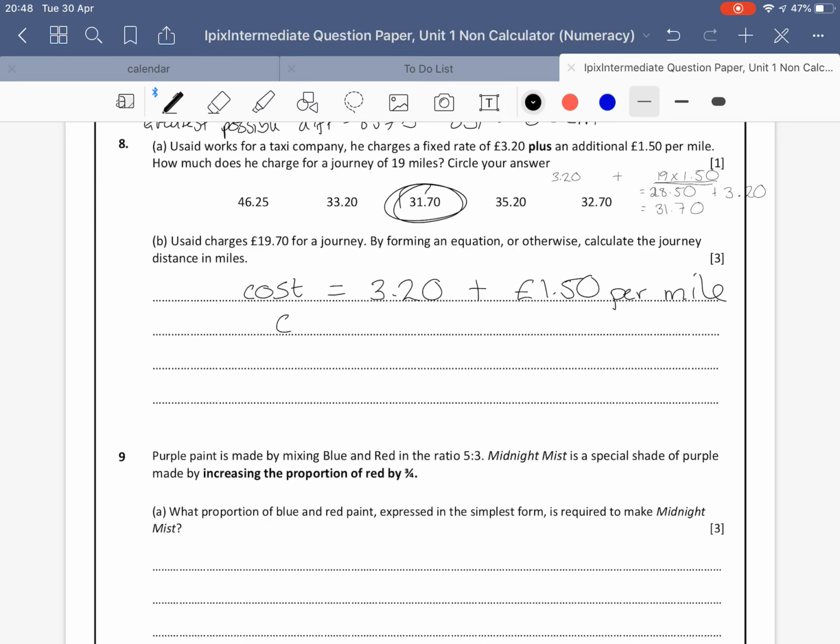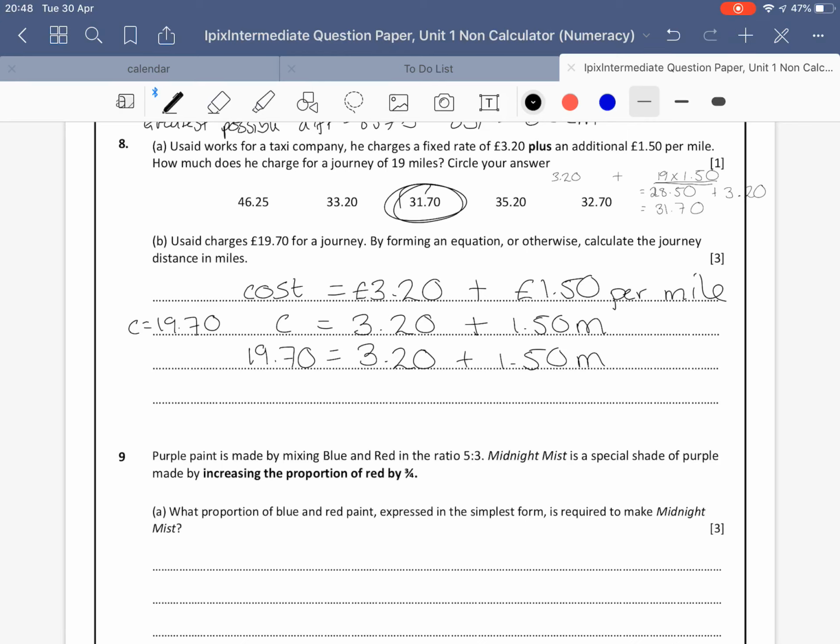I'm going to put C for cost, £3.20 plus £1.50 per mile, so we'll put 1.50 M. And now it costs £19.70, so C is £19.70. So I'll have 19.70 equals 3.20 plus 1.50 M.